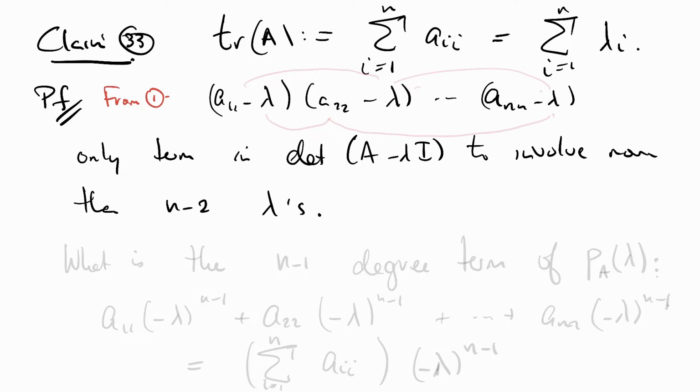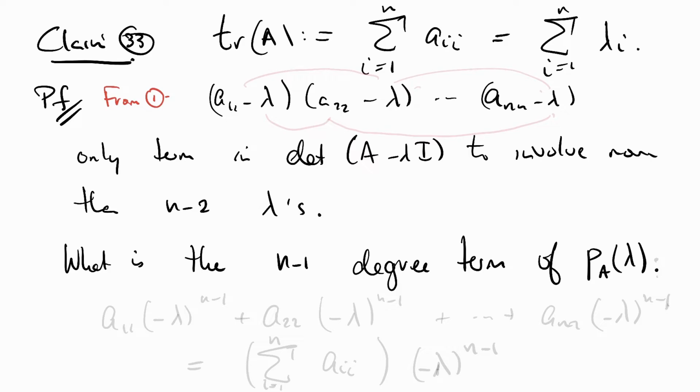All right, so we are looking for the n minus 1 degree term of P_A(lambda), the characteristic polynomial.